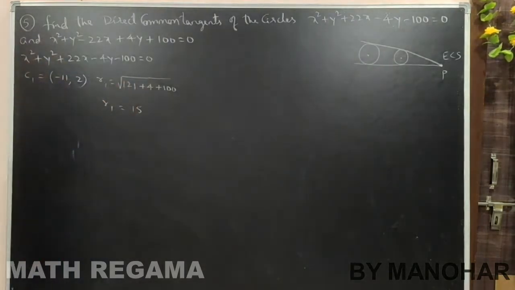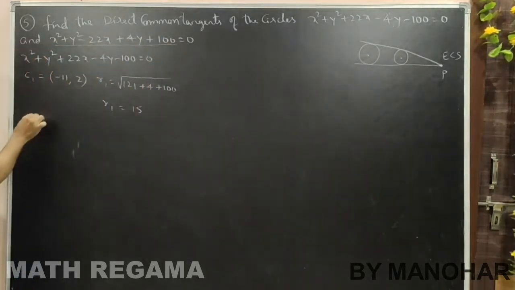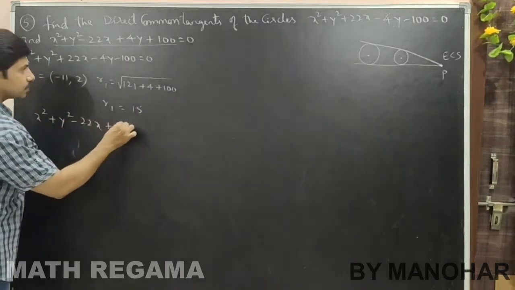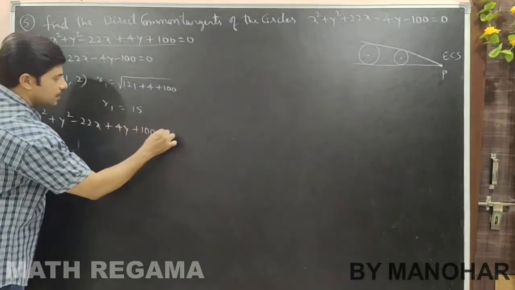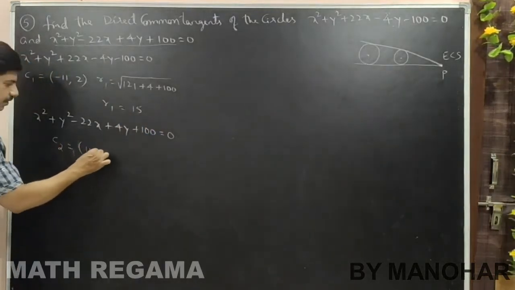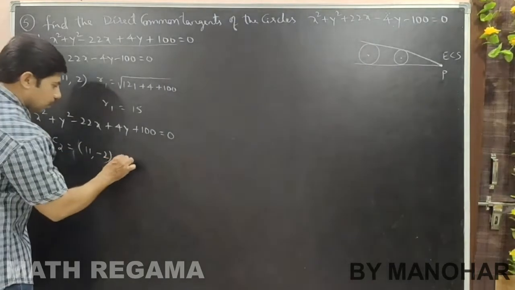After that, the second equation of the circle: x square plus y square minus 22x plus 4y plus 100 is equal to 0. Now what is the center of the second circle? It is (11, minus 2). Then we find R2.